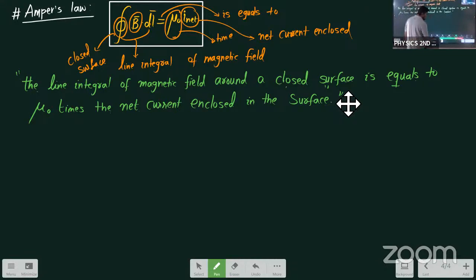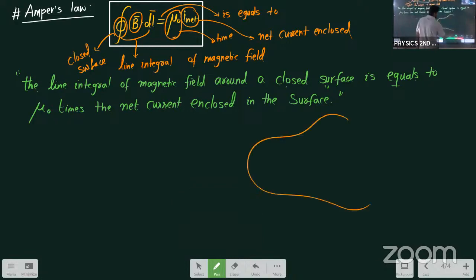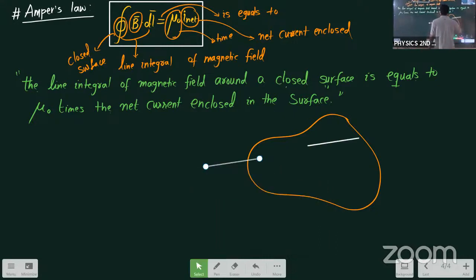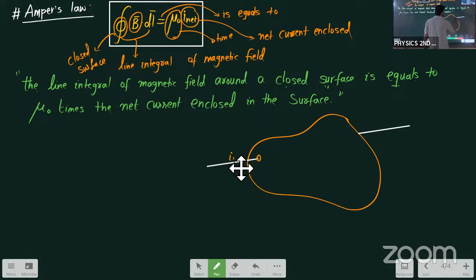Let me consider one example. Let us consider one closed surface, something like this. Through this closed surface, some amount of current is flowing. One current I1 is going inside, and again it is coming outside from this particular region.